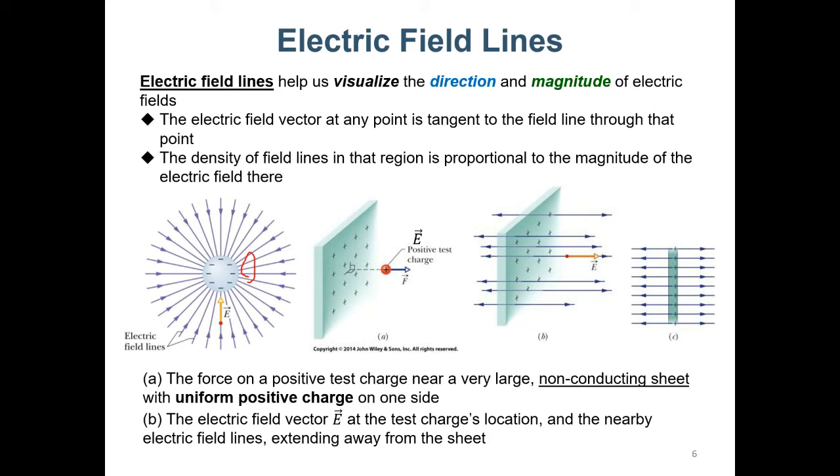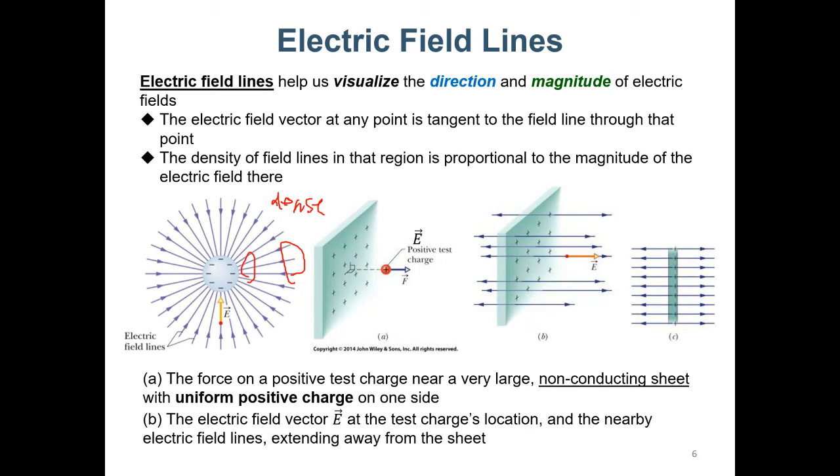For this part, you can see the lines are denser, 比较密的, dense. 就是密度比较高. Then the magnitude of the E field at this region is higher than this region.